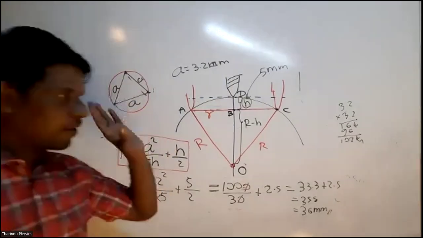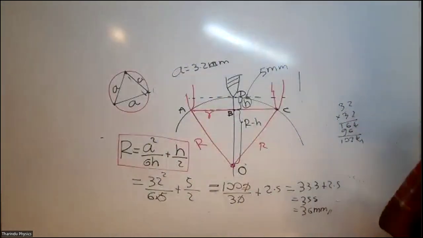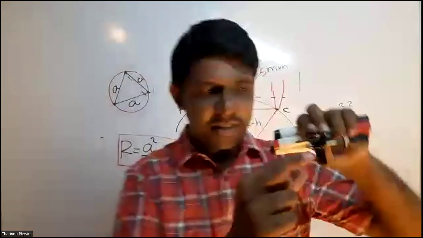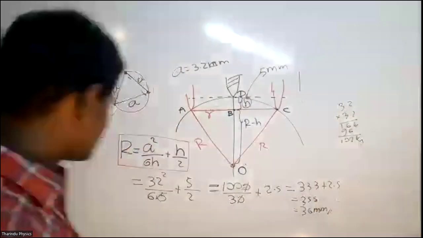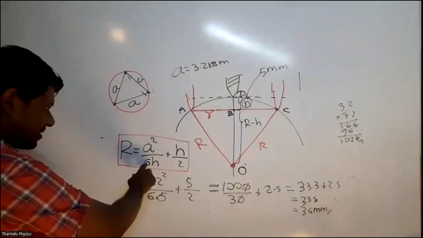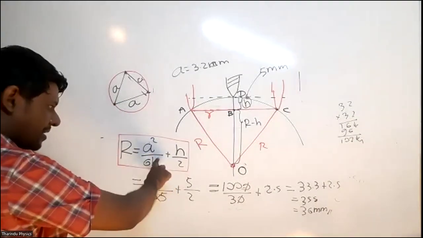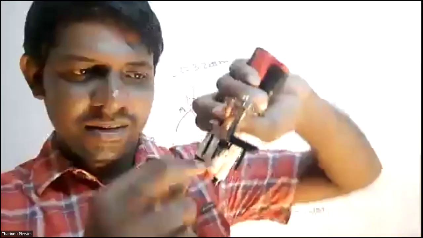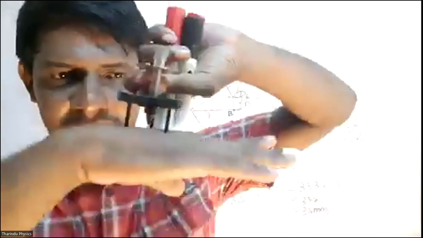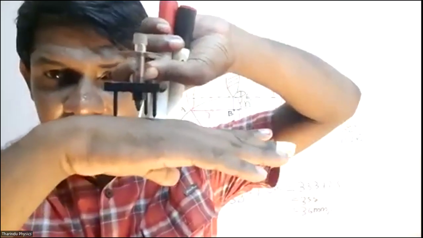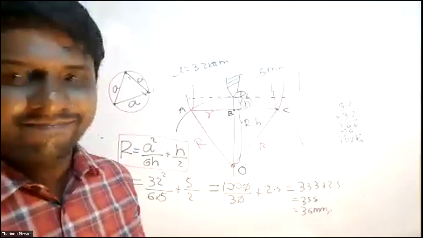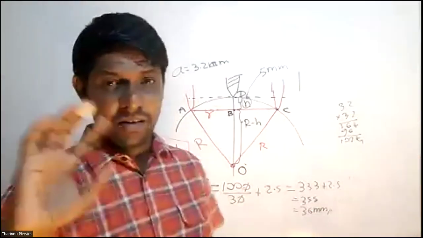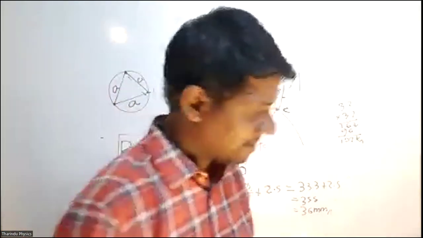A for this spherometer is a constant value. The distance between the legs is constant. 6 is a constant, 2 is a constant, only h is the variable. This height is the variable. You have to put that. That is the only competence level expected in local level.